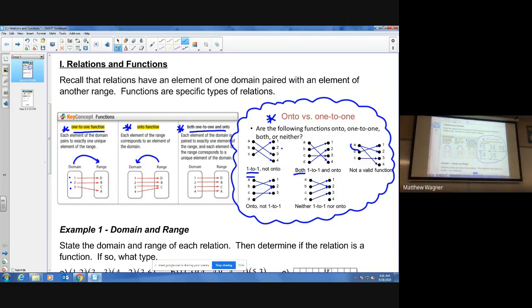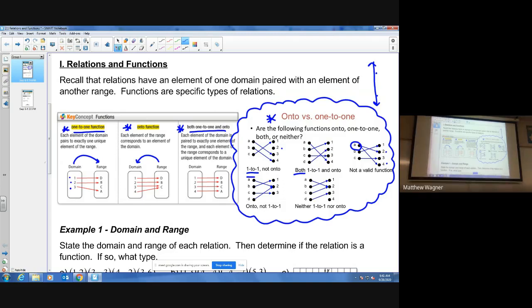If you have a function input value, a domain value, that goes to two different output values, that is not a function. If you recall, that would not pass the vertical line test. If we had a point here and a point here at the same x value, that would fail the vertical line test. So it's not a function.